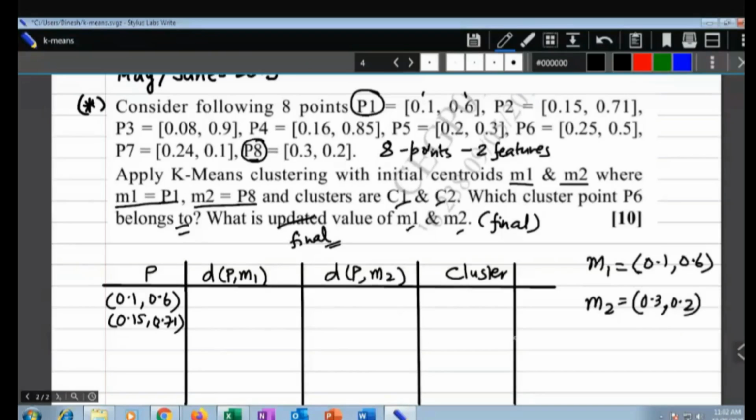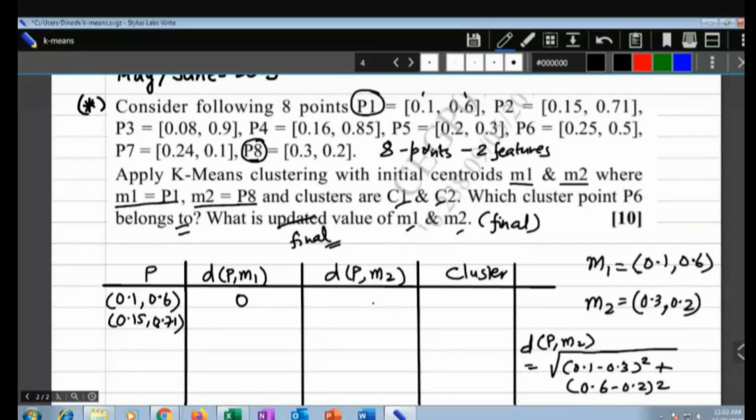Now, how do you calculate the distance of P with M1? The distance of P with M1 will be 0 because it is the same point, so I will directly write 0. And the distance of P with M2 is given as under root of (0.1 minus 0.3) square plus (0.6 minus 0.2) square.